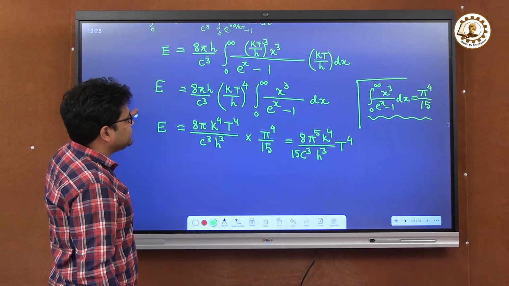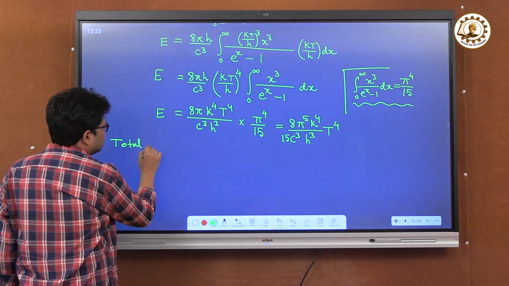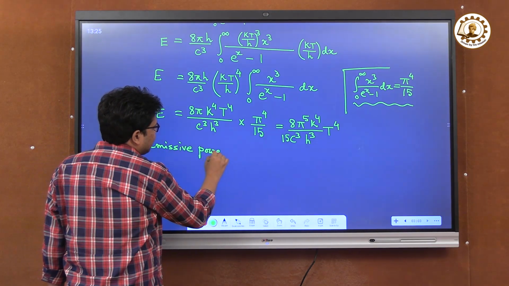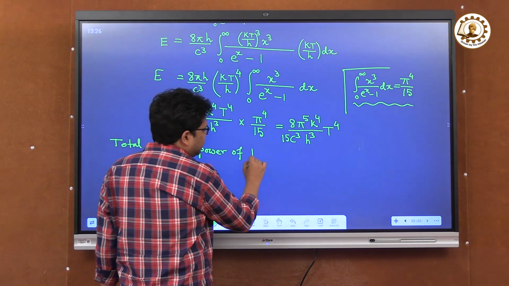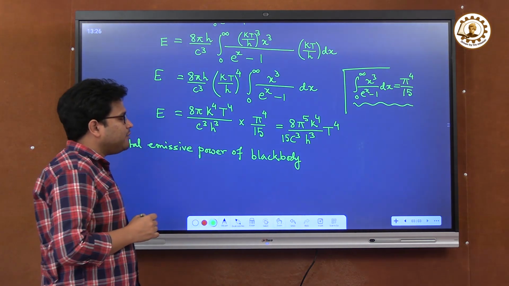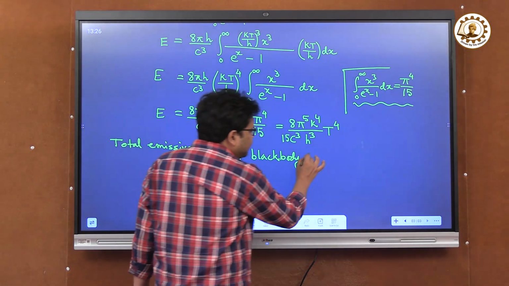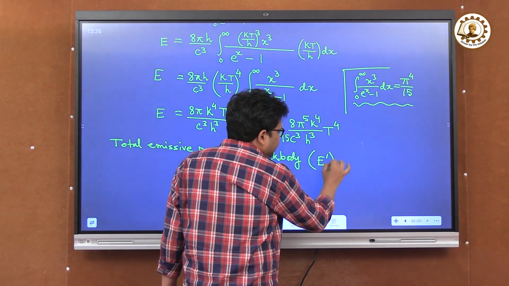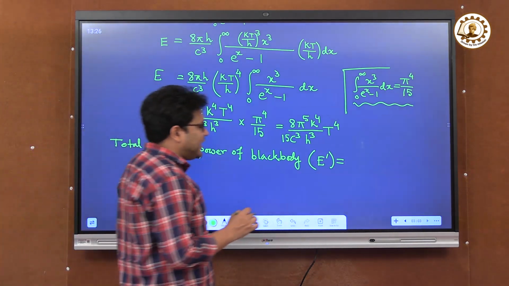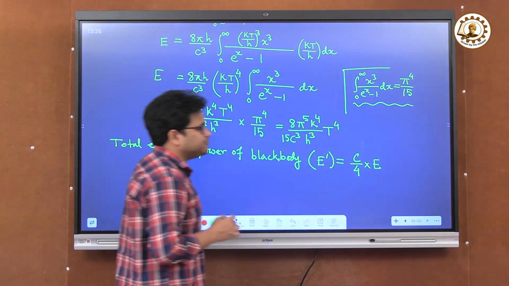It can be shown that the total emissive power of the blackbody, which I am denoting as E prime, equals c by 4 times the total energy.